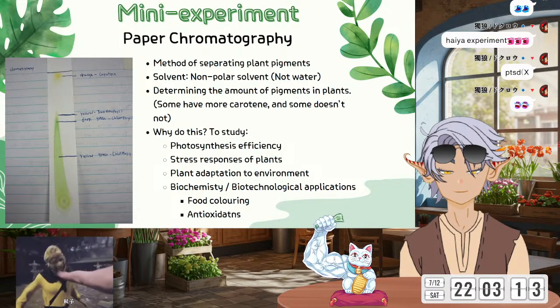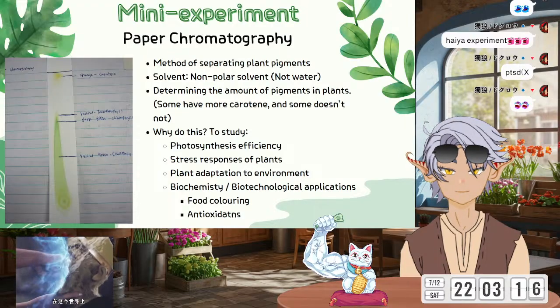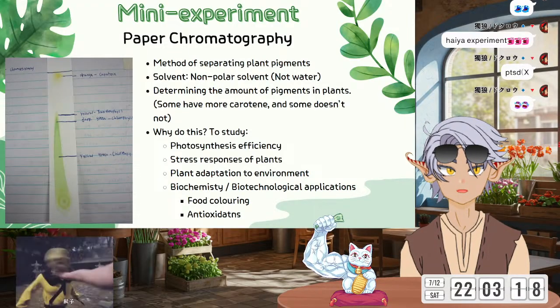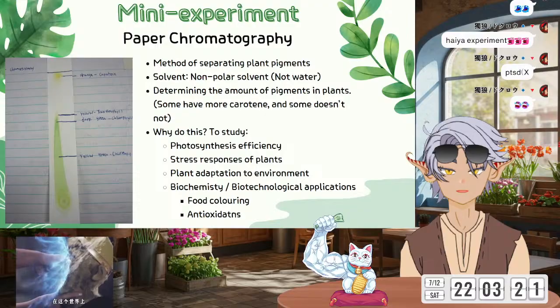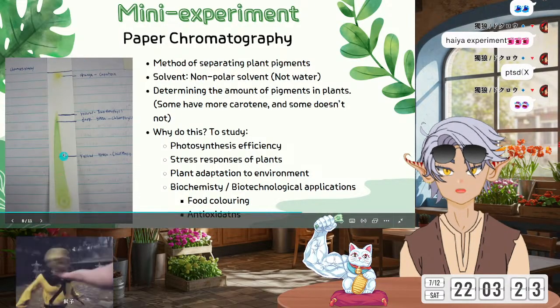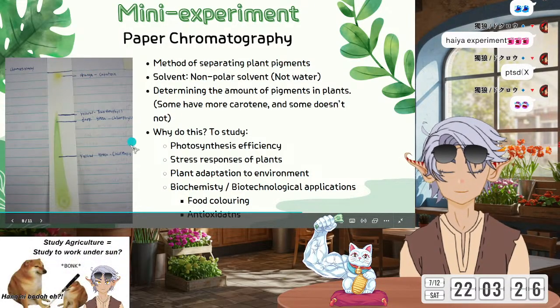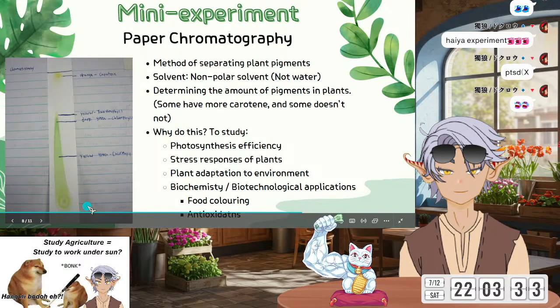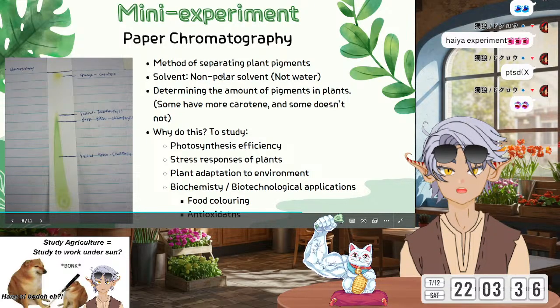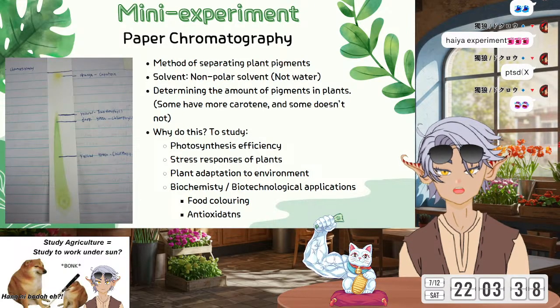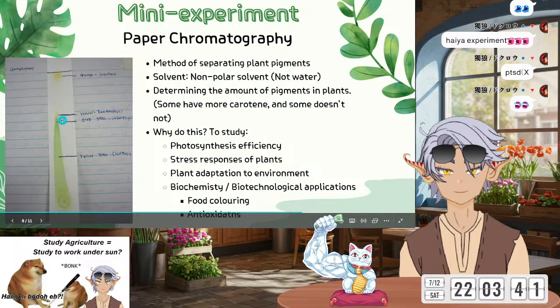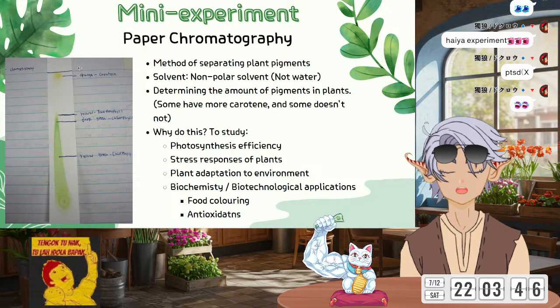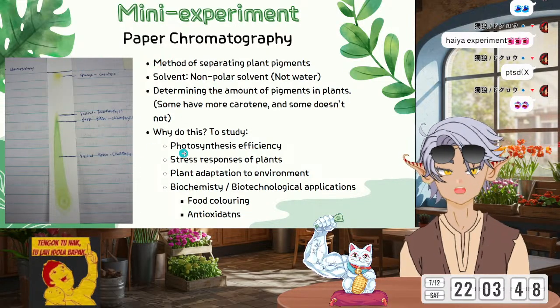Okay, so the pigment inside these two vegetables is not totally different, but the pattern here is different. What you see here is 99% perfect. If you don't store it properly, the color of this paper chromatography will fade away, because it is organic and sensitive to light.